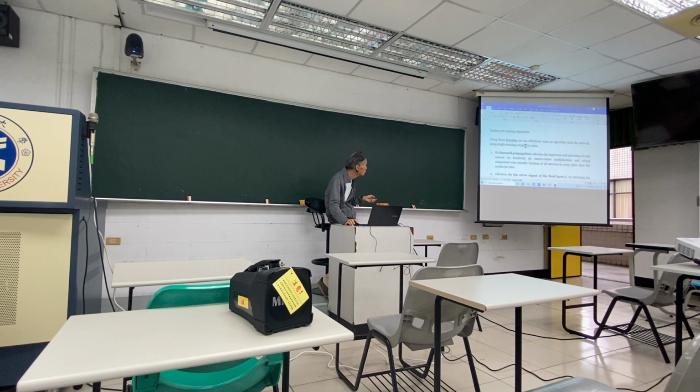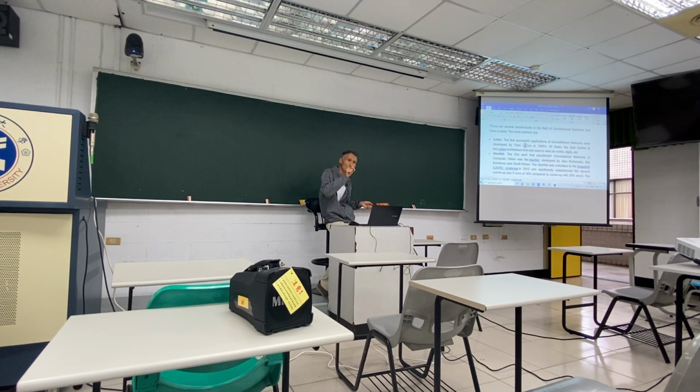So now we can see a few. This is the history of the development of CNN. In the early days, there was LeNet, developed in 1990. In the early days, this was used to recognize the handwritten signature on a check.